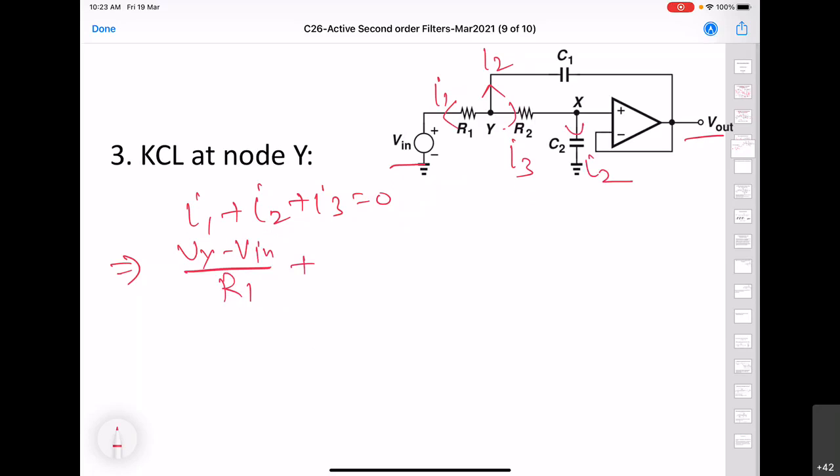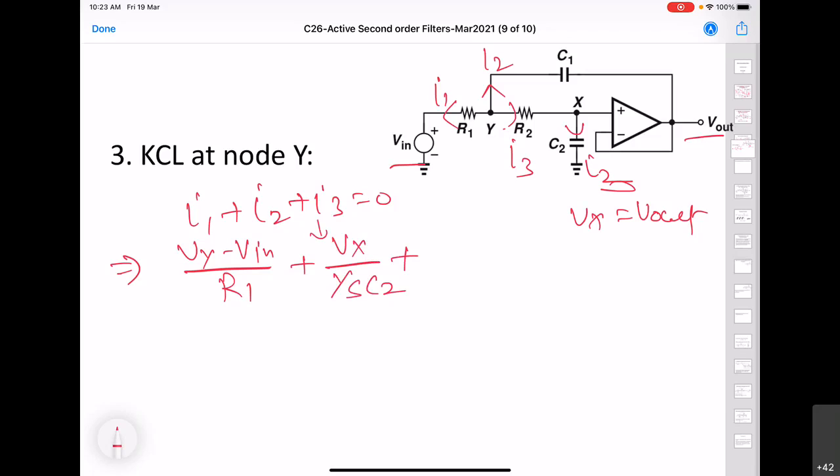So we write I3 in terms of capacitor C2. And Vx we have already seen is equal to V out. So this is Vx divided by 1 by sC2, and this is I3.